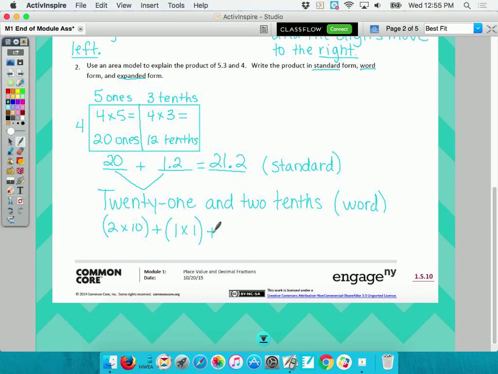What place value is the second 2 in? Tenths. How do I write that? 2 times 0.1. Okay. And then the teacher's favorite way is with the fraction. But it means the same thing. You can do either or, whatever you like best, okay? And what form is this? Expanded form. So get that written out to the side.